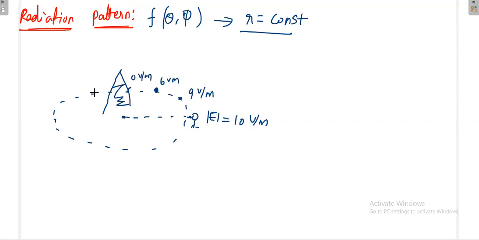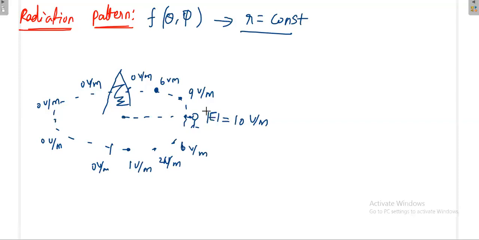As I move along this line, I am not at all getting signal. 0 volt per meter here, here also, and here also. Then gradually it increases: 1 volt per meter, then 2 volt per meter, and then 6 volt per meter. Finally, once I go here, definitely I will get 10 volt per meter.